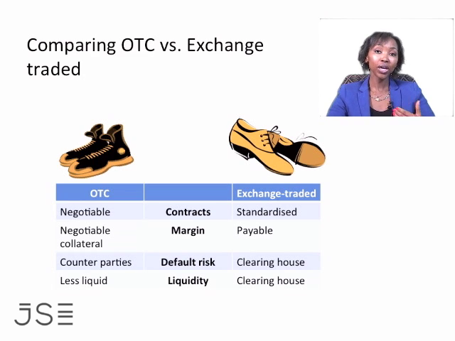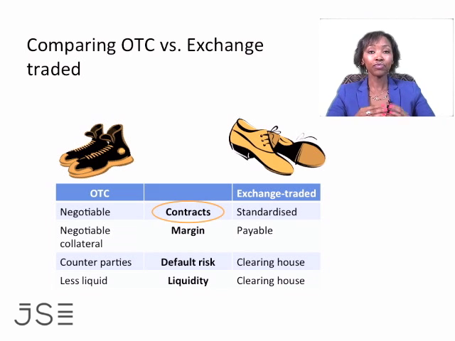So if we have to compare over-the-counter versus exchange-traded, you can think of over-the-counter as less formal and exchange-traded as more formal. So if you have to look at contracts, over-the-counter contracts are completely negotiable. So right down to dates, contract sizes, amounts, everything is negotiable. Whereas with the exchange, contracts are standardized.